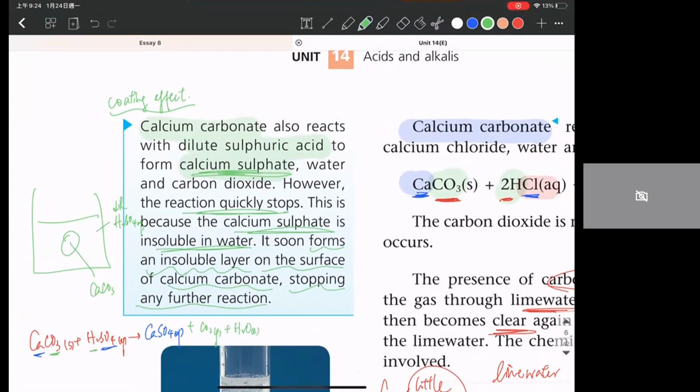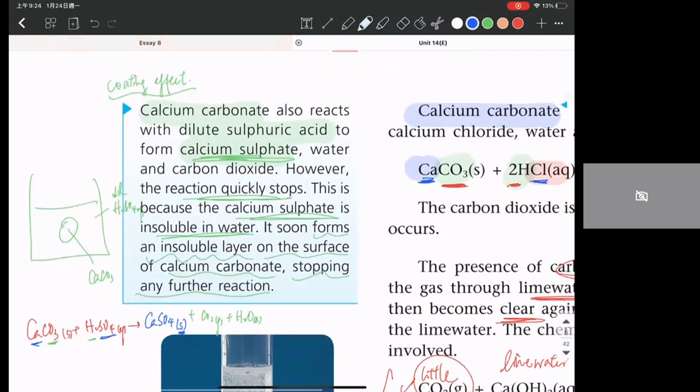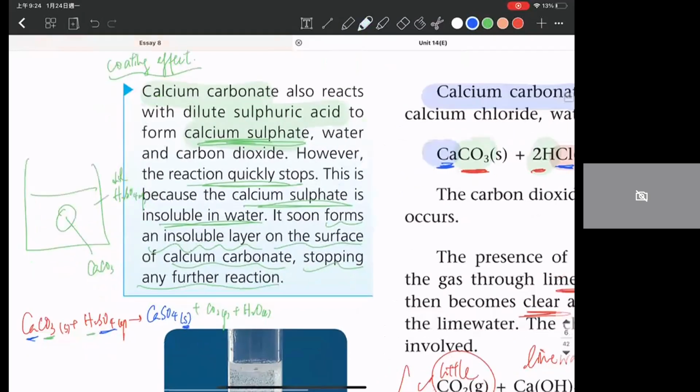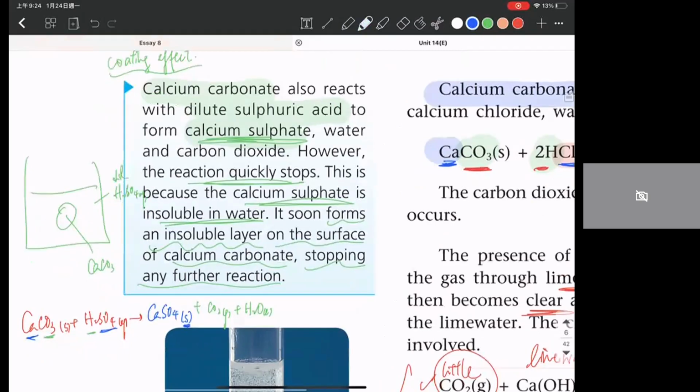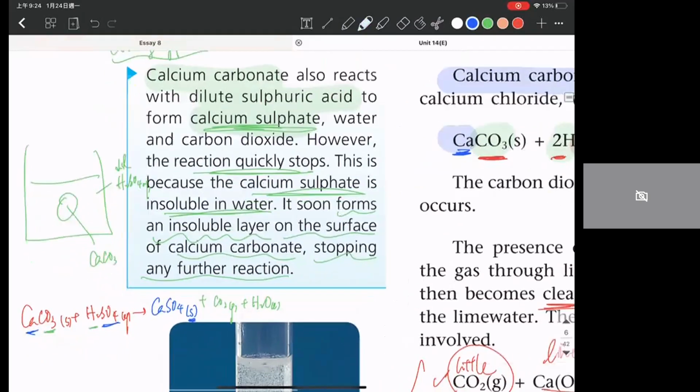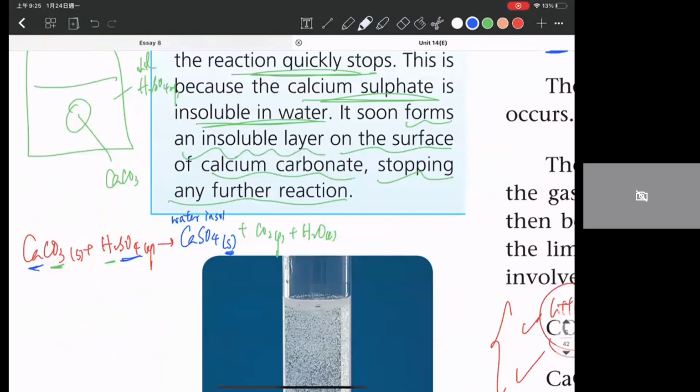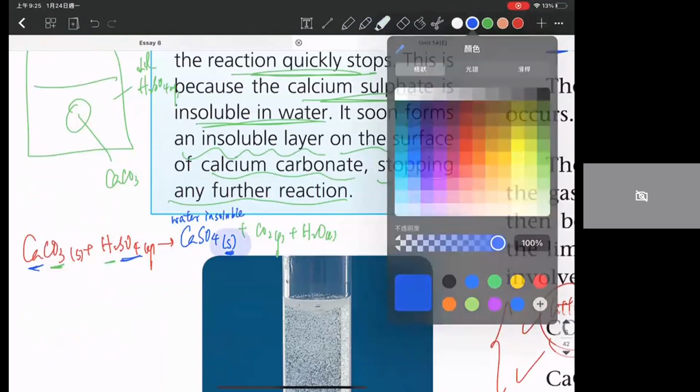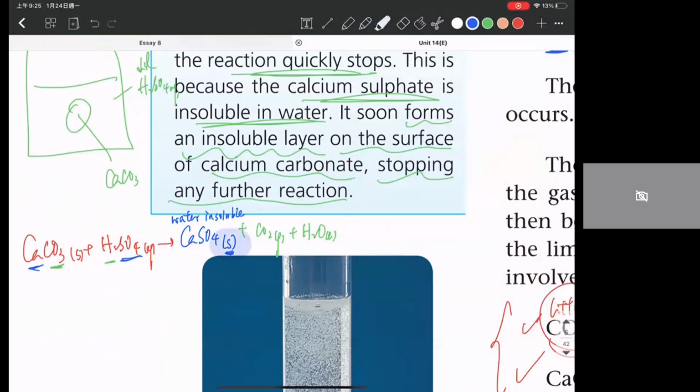But indeed, I would like to draw attention to this. Don't casually write it as aq. It's solid this time. Why? Calcium sulfate is water insoluble.